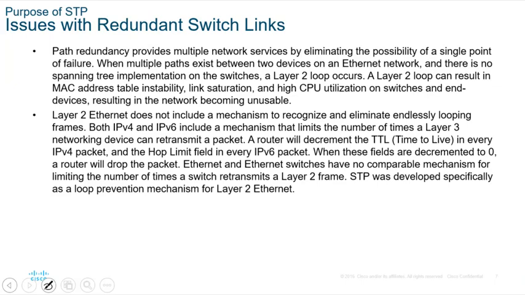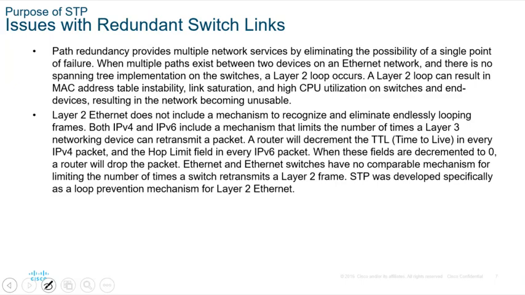Every time a packet passes through a router, that field is reduced by a value, and the moment the time to live or hop limit is decremented to 0, the packet is dropped. So there is a mechanism on layer 3, but on layer 2 it's not there.